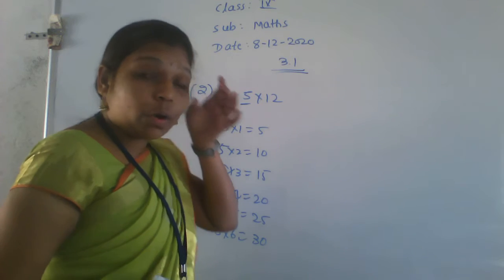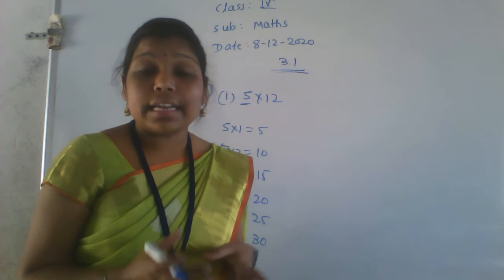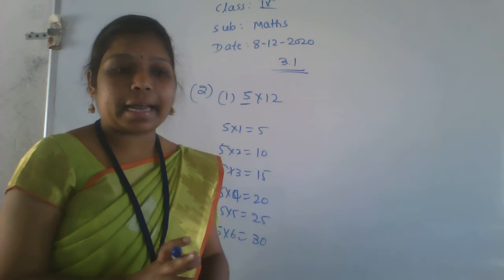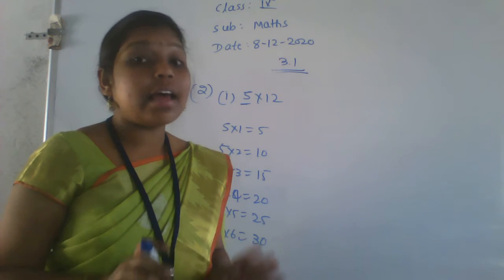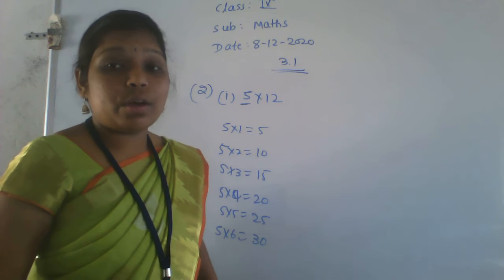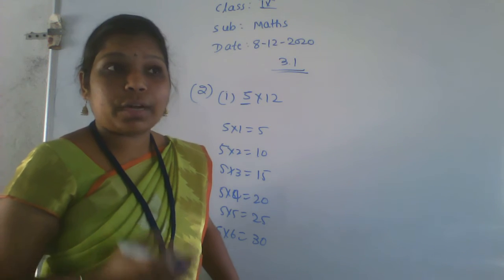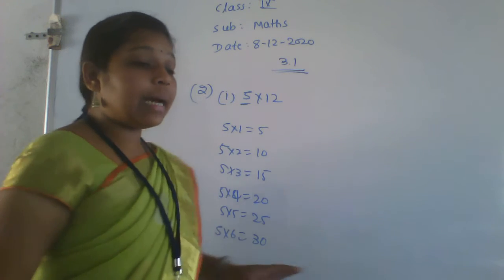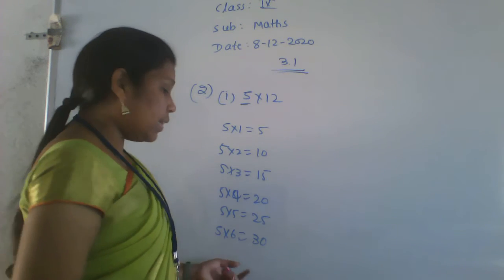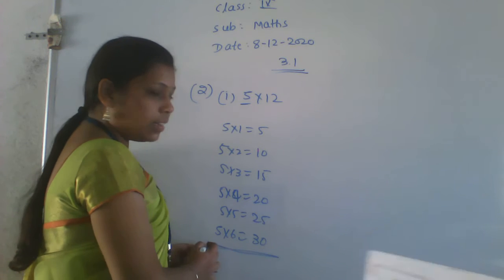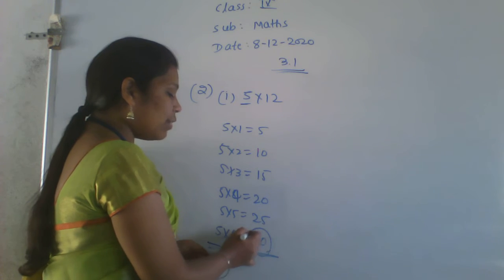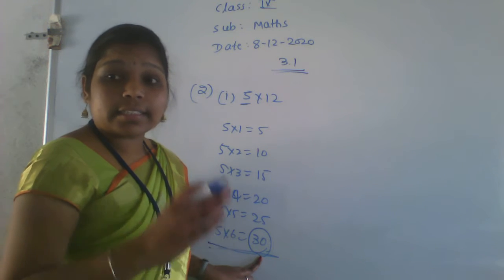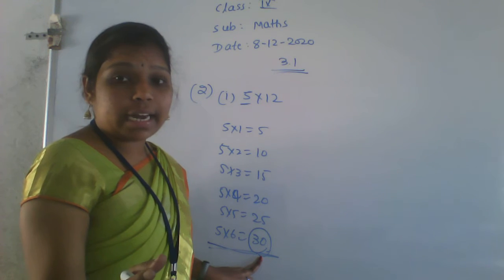They said double the 6 times table, that's why we have to write only up to 6. If it says 7, write up to 7. If it says 8, write the table up to 8. So here, double the 6 times table, I will write only up to 6. Double the value here, 30. What does double mean? You have to add 30 to 30.